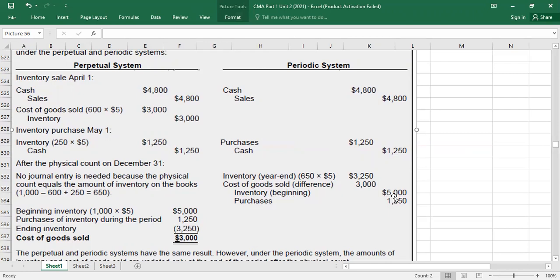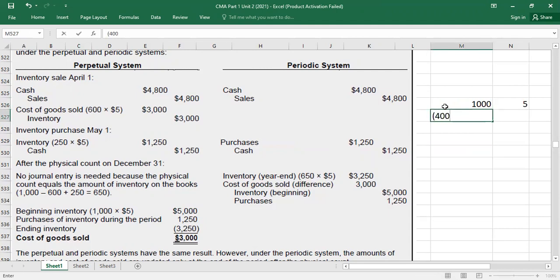Now, closing inventory is your asset and it should be debit, so we will debit closing inventory with 3250. How did you get it? If you remember, I told you that you have a total of 1000 units at a cost of $5. Out of 1000 you have sold, no, sorry, here we sold 600, not 400.